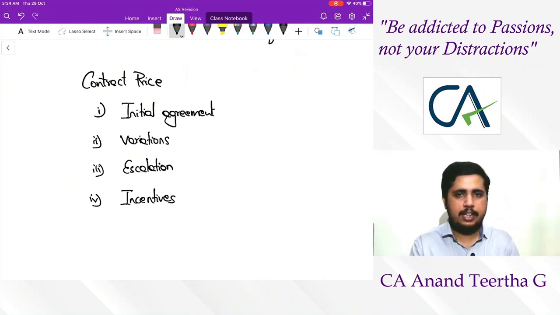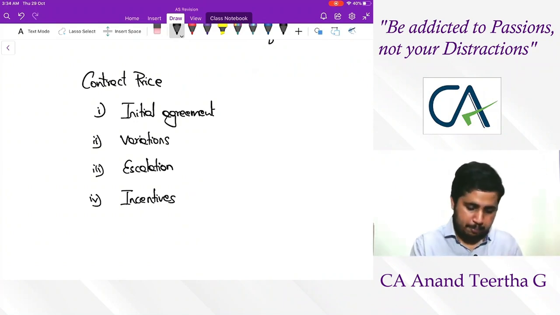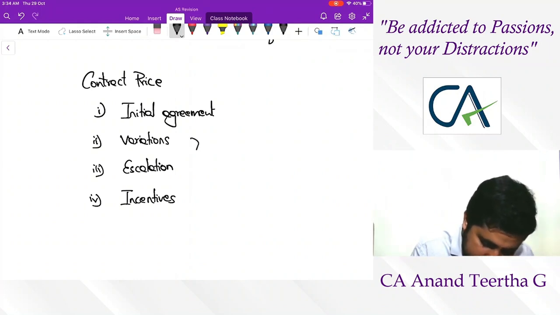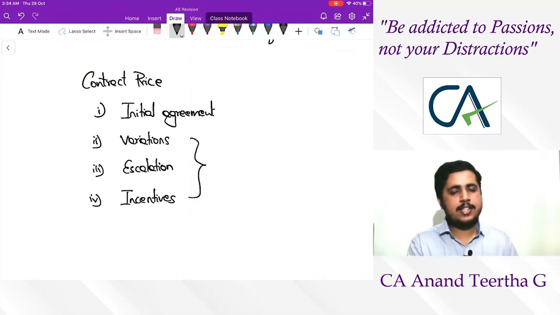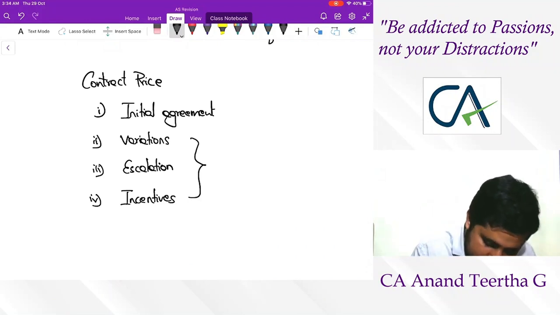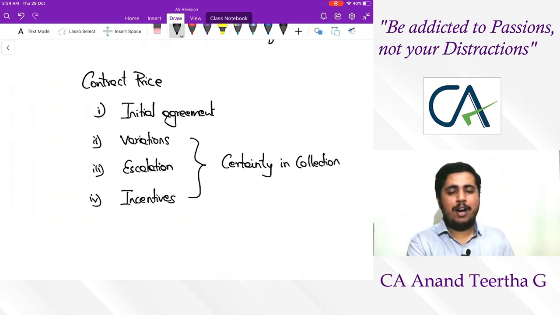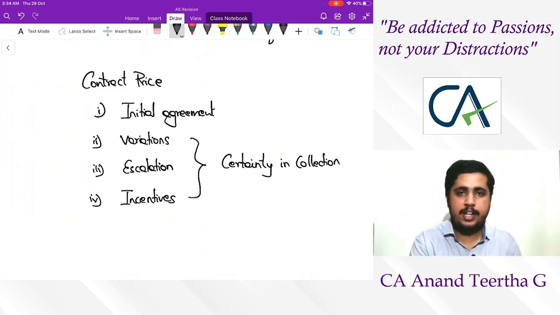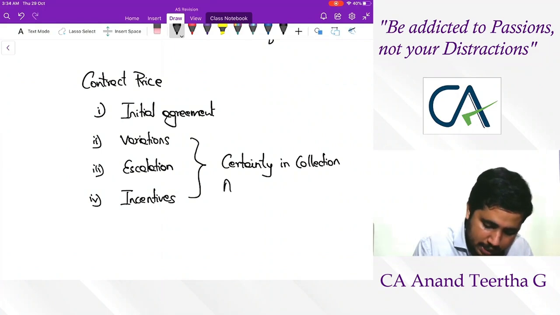Even that can be included, provided for these three, variations, escalation as well as incentives, first, there has to be certainty in collection, and there has to be agreement with both parties.